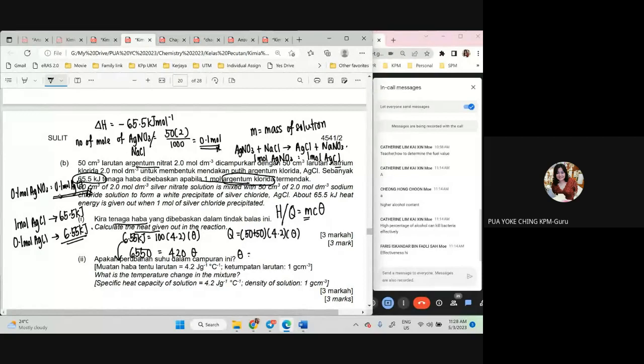So theta equal to 15.5. Dia kan ada banyak 15.59 blah blah blah kan. Okay, this is theta. Satu decimal place dah cukup. So you got 15.6 degrees Celsius.